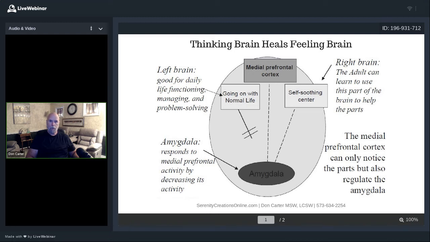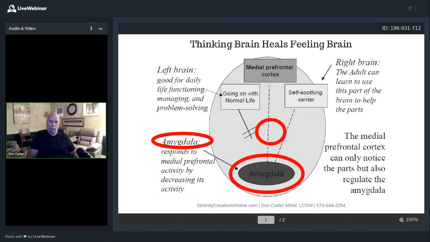So to go through this, you might not be able to see this very clearly here, but it says amygdala. The amygdala is a major element of the limbic system, or the emotional brain. It's not really in the back of the head. It's more like right here in the middle, and it's about the size of a walnut. But the amygdala is where all the emotional pain gets stored up.